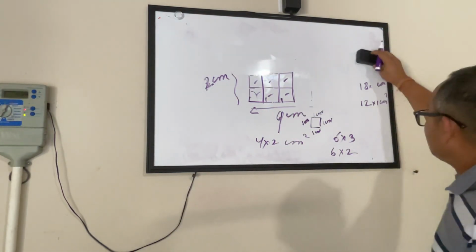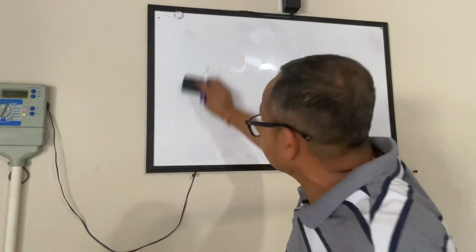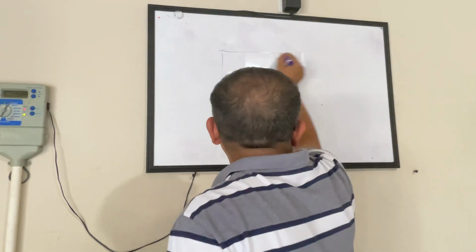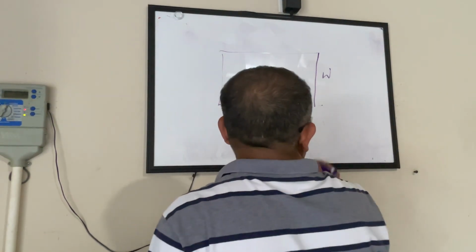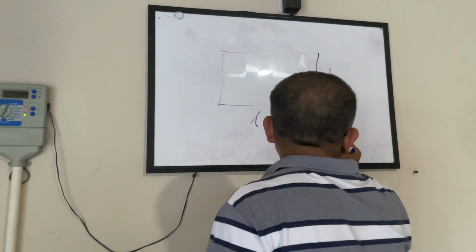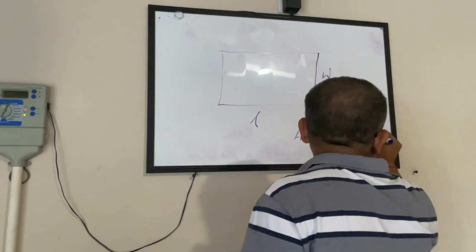So that gives us the formula for area of a rectangle. Let's say this is length and this is width. So area of a rectangle will be length times width, centimeter square.